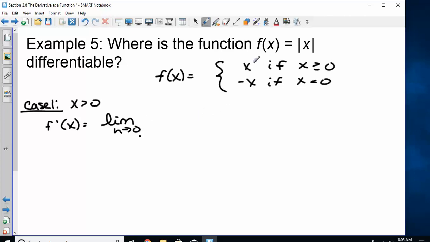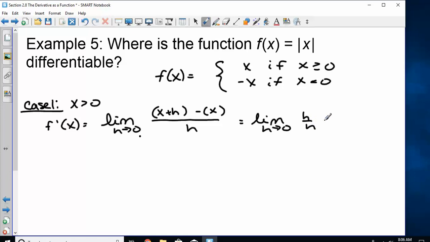If x is greater than 0, you're on the first piece, so if you plug in x plus h for x, you just get x plus h. Your x's cancel, you're left with h over h, which is 1.